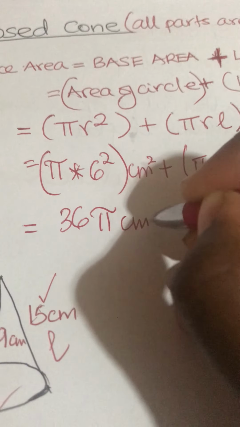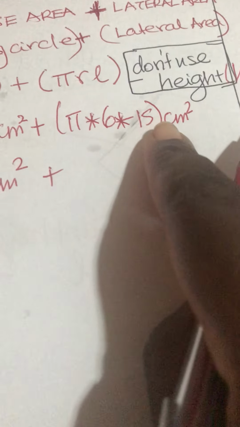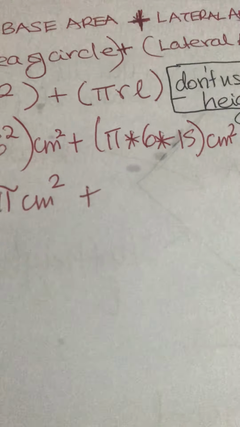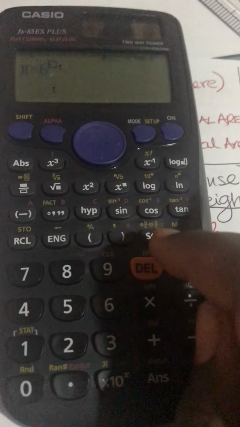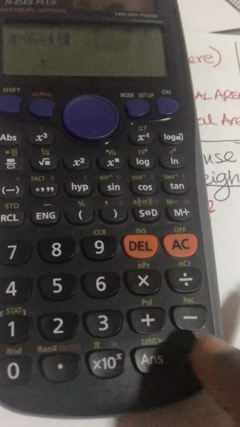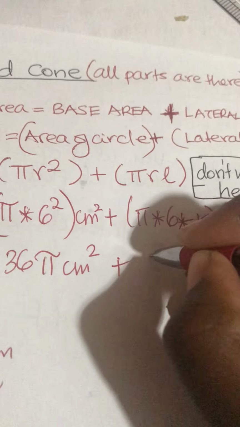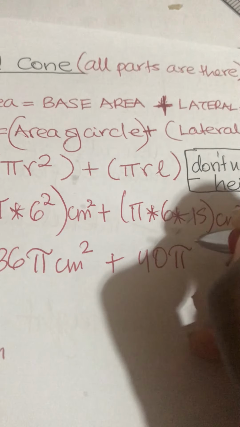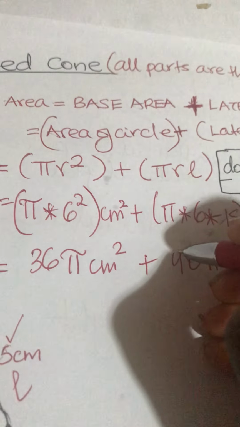Plus pi times 6 times 15, which is 90 pi centimeters squared. Then I add these 2.